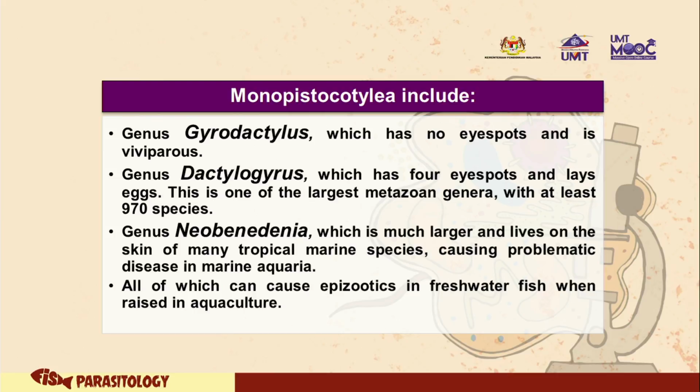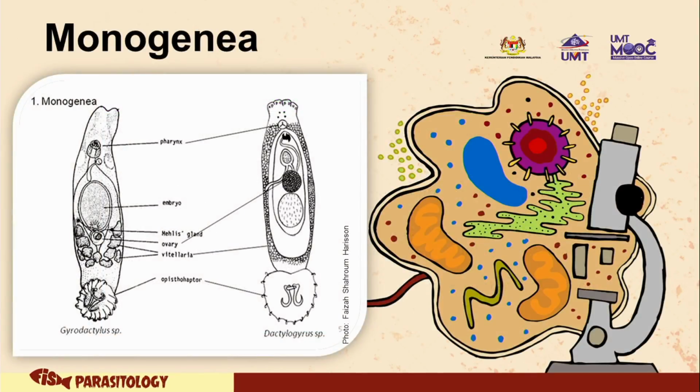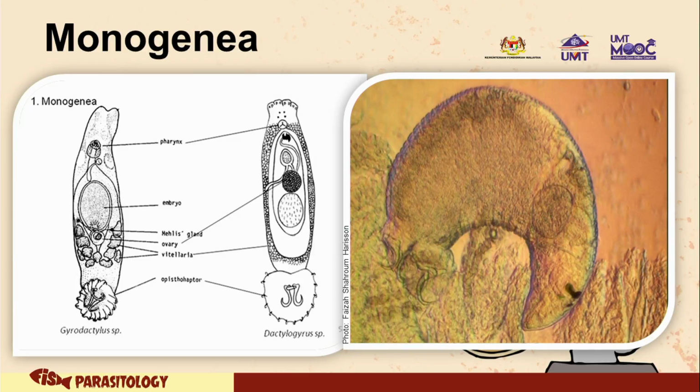The genus Neobenedenia is much larger and lives on the skin of many tropical marine species, causing problematic disease in marine aquaria, all of which can cause epizootics in freshwater fish when raised in aquaculture. I will deal with monogenea in my next topic. The most common monogenea are Dactylogyrus and Gyrodactylus.